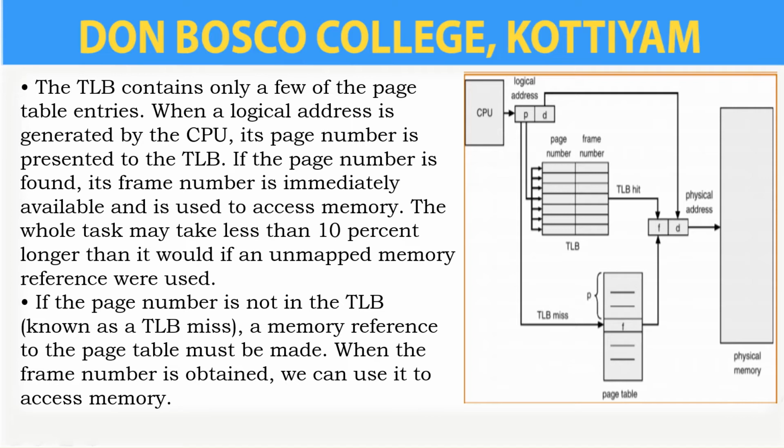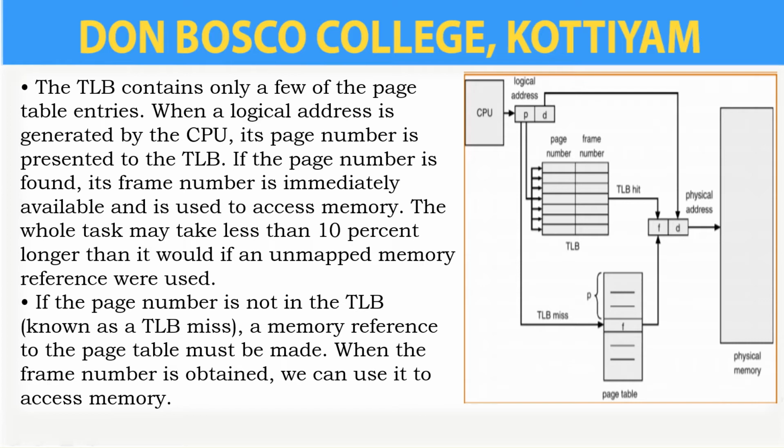The page number will be sent to the TLB. What is a TLB? It is a translation look-aside buffer, a special, small, fast lookup hardware cache, used for fast access.